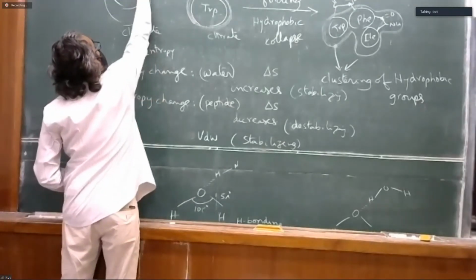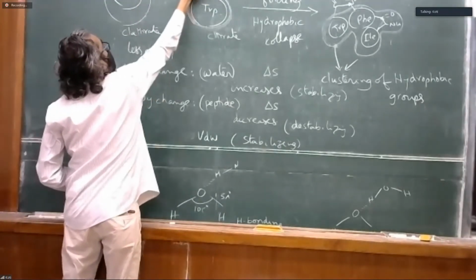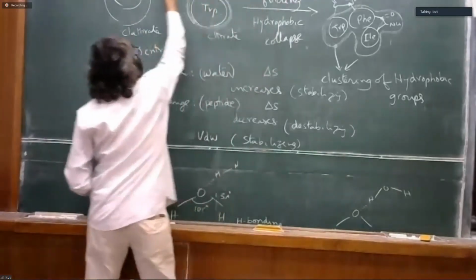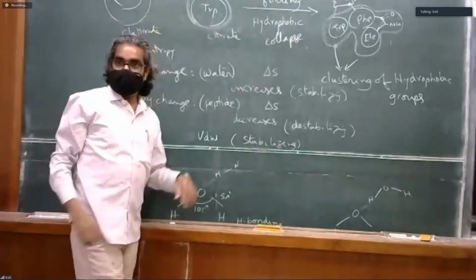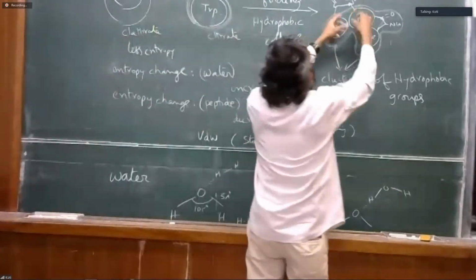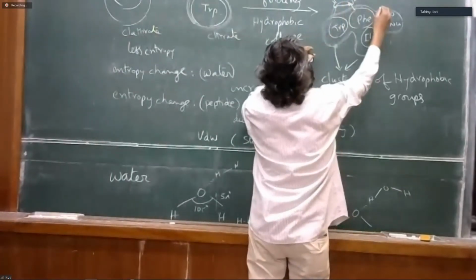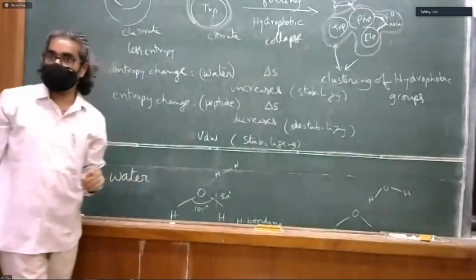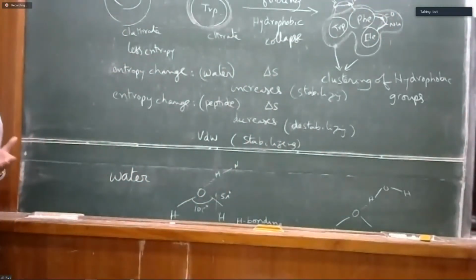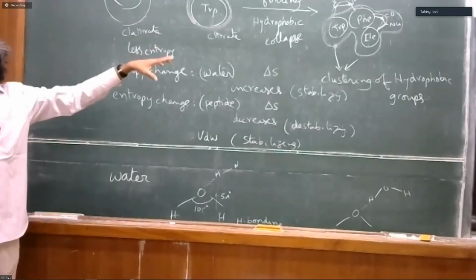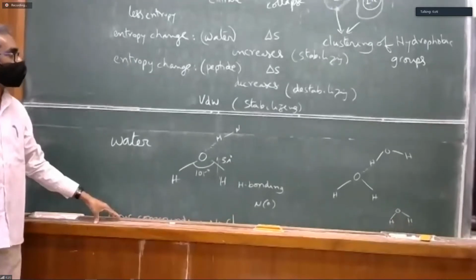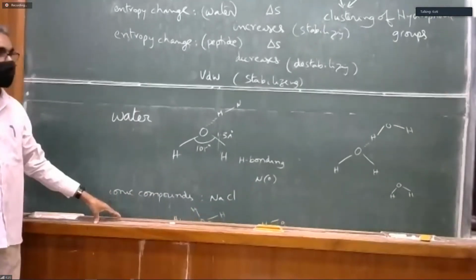But indirectly we are also talking about the freedom along this chain. The moment you bring these two together, the conformational freedom along this chain is affected. So it's basically the entire polypeptide. That's a very important point: the entropy of the polypeptide is very important.